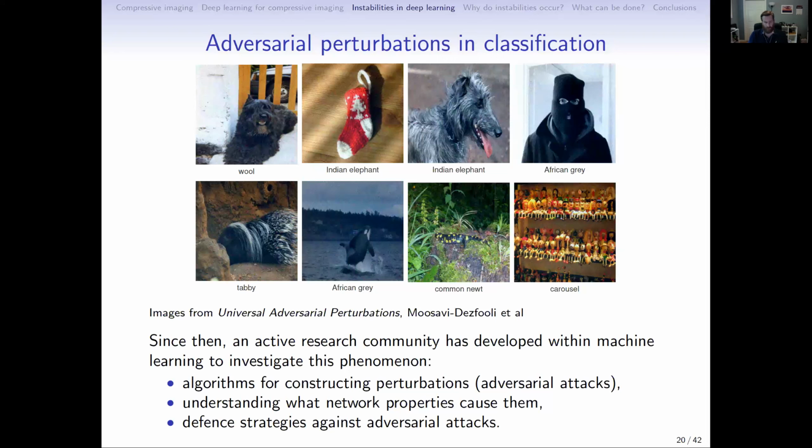One of the other things, shown in this paper here, is that the perturbations you create can also be transferable. Suppose I have access to a network and I create adversarial attacks for that network. I can, in some cases, take those adversarial attacks and apply them to a different network, and it will still cause misclassification. So you don't necessarily need access to the network architecture to do this.